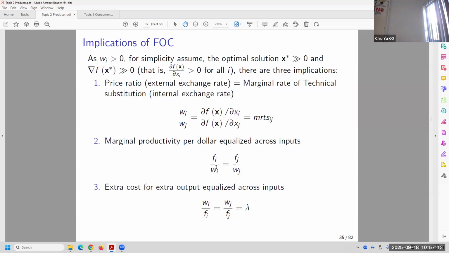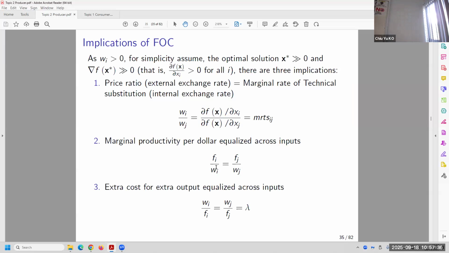Remember how we interpret that: we use MRS equal to the price ratio. So we can do the same: MRTS equal to the price ratio, right? Before, we said that is the internal exchange rate, the same as the external exchange rate, right? Because in the market, you can buy and sell your factors according to this ratio, right?